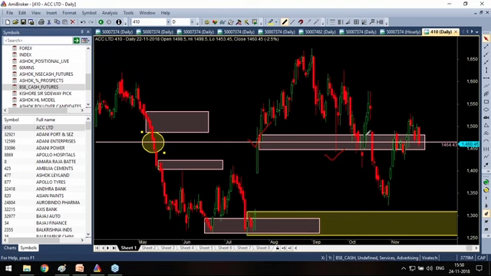And the distal and proximal lines are these two. Which are the distal and proximal lines for this particular zone? This is the distal line and this is the proximal line, because it is rally base rally. So when the close price is here, it will come, reflect, and it has to go up. Here the stop loss would have got it, no problem. It kissed the stop loss and went up.